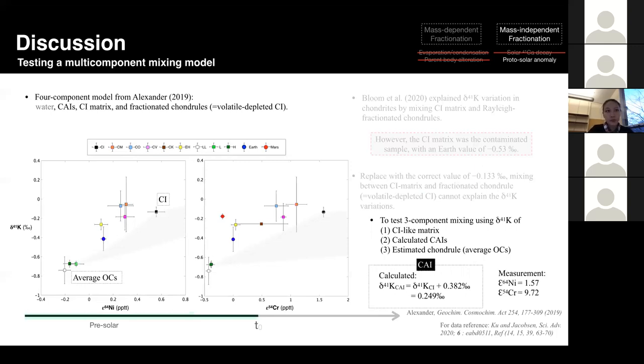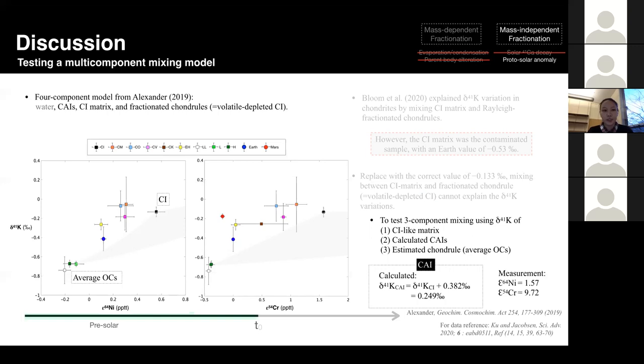The reason we use average ordinary chondrite as the chondrule component is that ordinary chondrites contain up to 80 volume % of chondrules. So if there is one single value that can represent chondrule, we believe that will be best estimated by averaging the ordinary chondrites. As for the CAI value in the paper, we use a calculated CAI value that is 0.382 excess in potassium-41 compared to matrix.